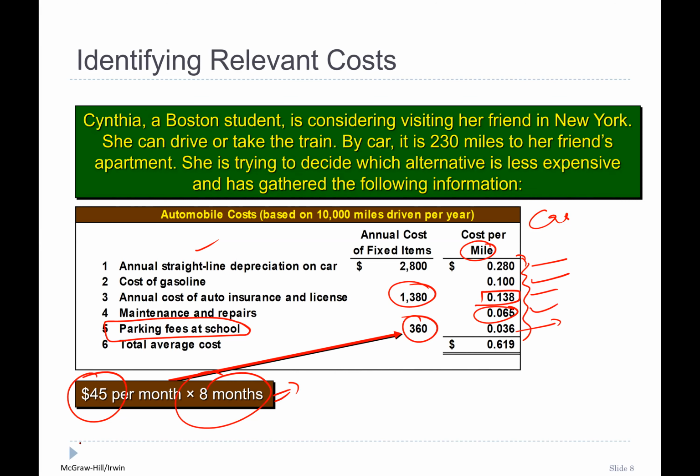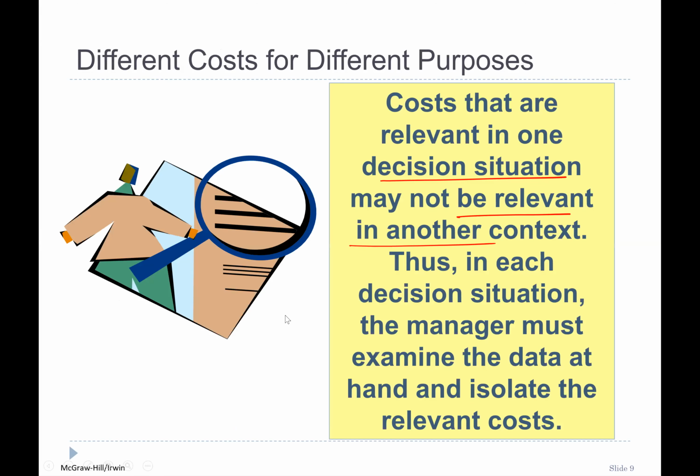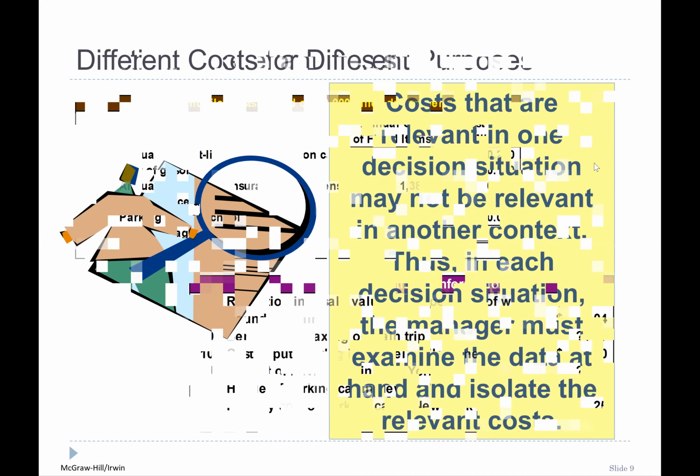So that's why the next slide says that costs that are relevant in one decision situation may not be relevant in another decision situation. So thus, in each decision situation, the manager must examine the data at hand and isolate the relevant costs. So let's compare this.